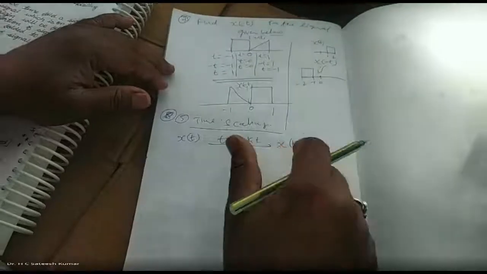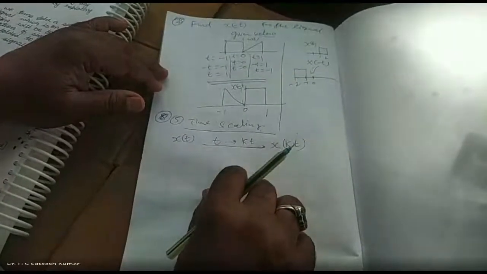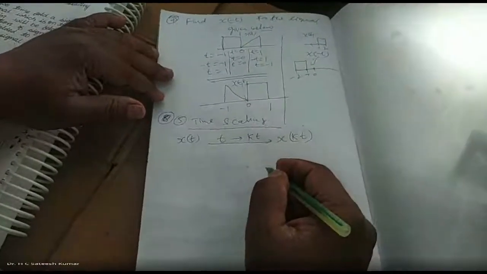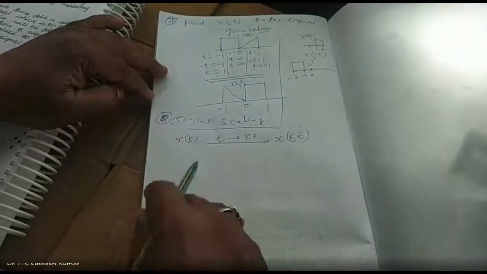How exactly will it happen? When will it compress, when will it expand? We shall understand that, right? Okay. So first I'll take up an example, then you will understand.